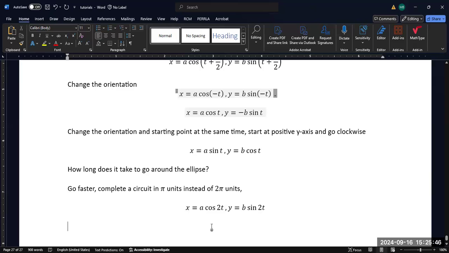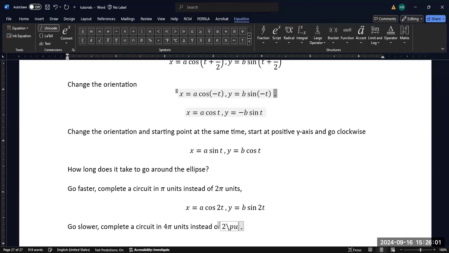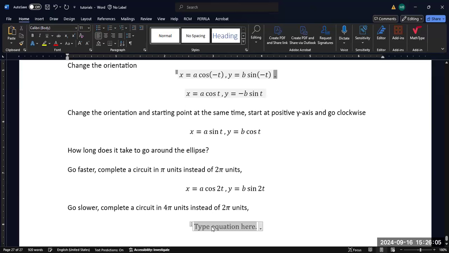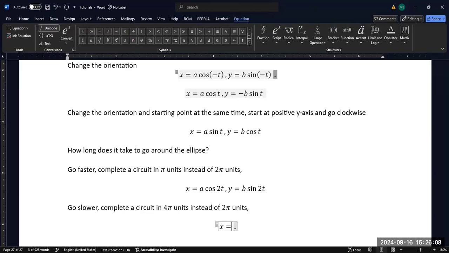If you want it to go slower, so complete a circuit in 4 pi units instead of 2 pi units, then you would reduce. So x would equal a cosine 1/2 t, and y would be b sine 1/2 t.